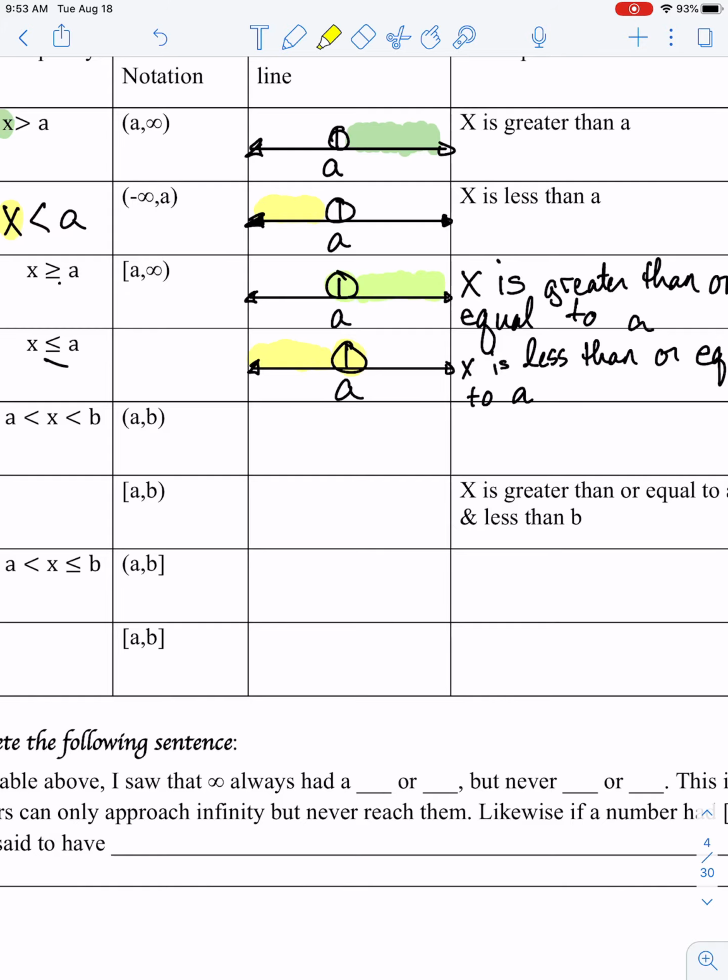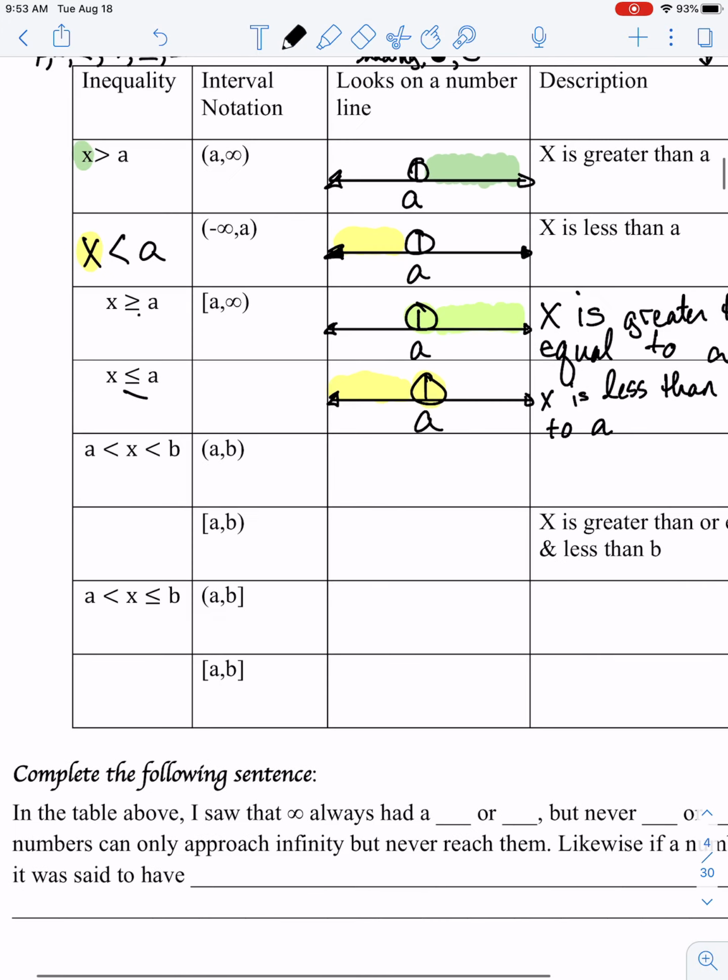Well, I now have to write this in interval notation, so the new stuff. X is less than or equal to a is very similar to x is greater than or equal to a.